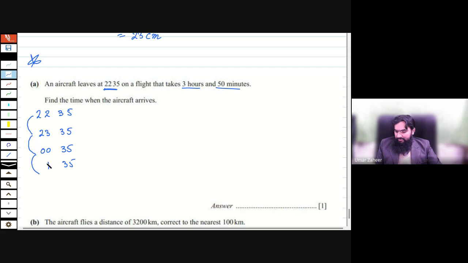So 1, 2, and 3, you are getting 3 hours. It is clear? From here to here, you are getting 3 hours. Now, after 3 hours, you are adding 50 minutes. 50 minutes plus 35 minutes will be 85 minutes.